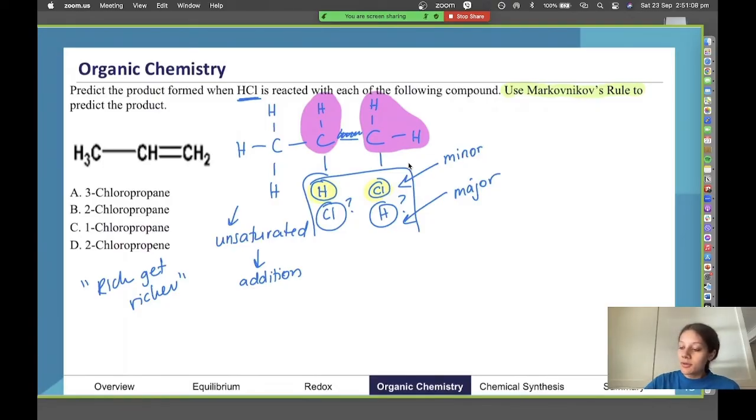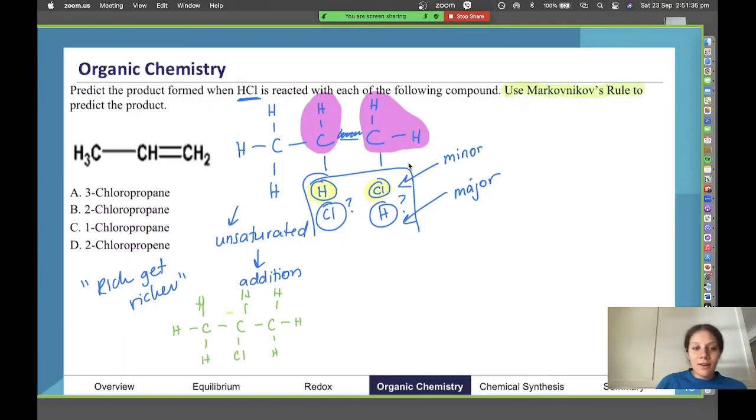I'm going to redraw it because that's gotten all messy now. Okay, can't see that, can you? Get a better color. So you have carbon, carbon, carbon. And like we said, major means the hydrogen will go here, and the chlorine goes in the middle there.